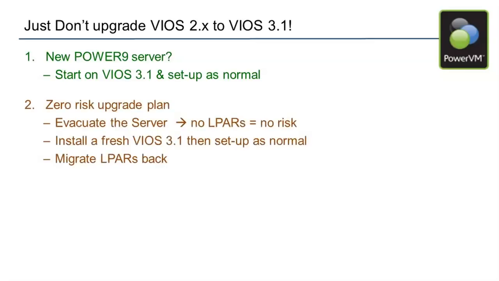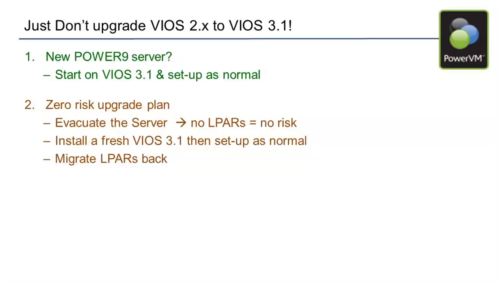Another technique, a zero risk upgrade plan, is you evacuate your machine. That's what live partition mobility is all about. A lot of customers can move all of their LPARs with live partition mobility. So you move all the LPARs out of your server, then you've got a server just running two old versions of the virtual I/O server. You just do a complete refresh, overwrite.